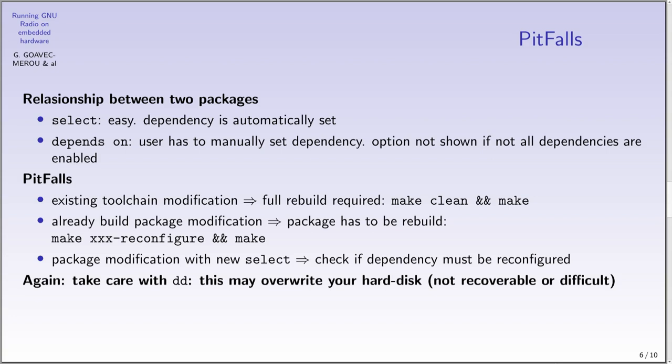At the opposite, there is depends on. The user has to manually enable the dependency. It's, for example, again with GNURadio, Python 3, or Python, needs to be explicitly enabled by the user. Because first, it's possible to use Python 2 or Python 3, so it's not possible for BuildRoot to decide which version to use.